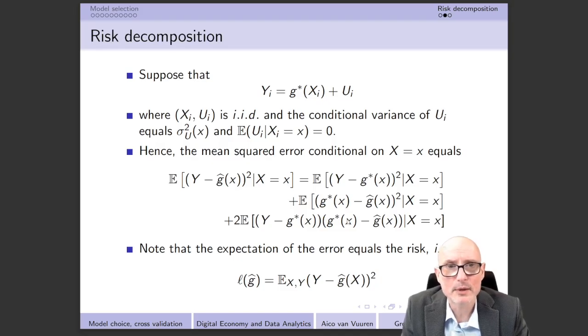However, we have to be a little bit careful over here. g star x can of course be directly taken out because g star x is non-stochastic, but that's not true for this g hat that we have over here. G hat is stochastic because it depends on the data. Estimators are always stochastic. This is an estimator.